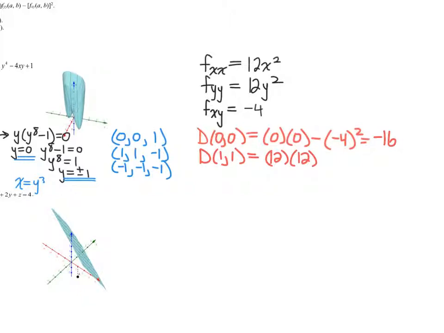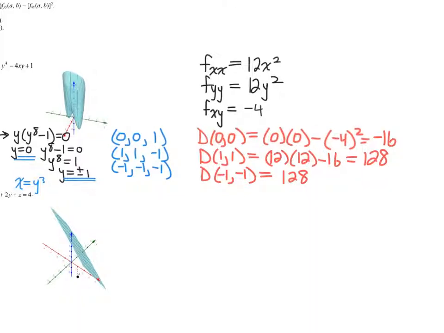So we're still going to have a subtraction of 16. So 144 minus 16 is what, 128? And then I do the same thing for -1, -1, and that's going to give me the same result, right? Yeah.